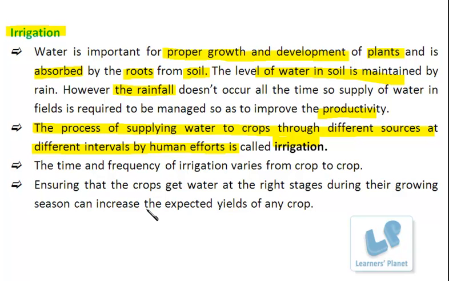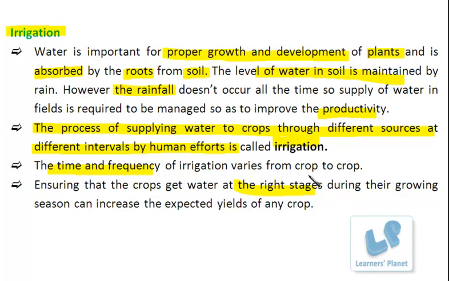Because there are different types of crops and each crop has a different requirement for water. This time and frequency has to be ensured in terms of the right stages when growth is taking place, the quantity in which water is required, and so on. And if all these things are managed, the productivity can also be improved.